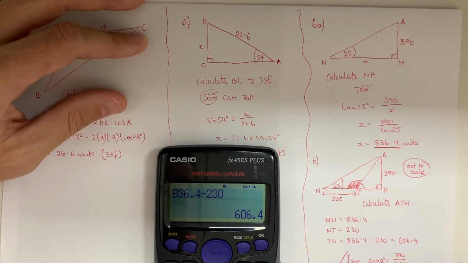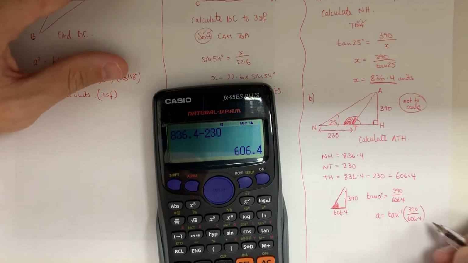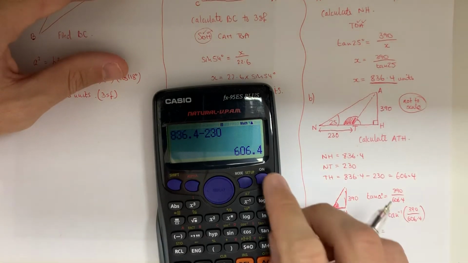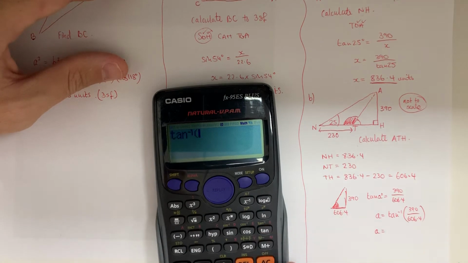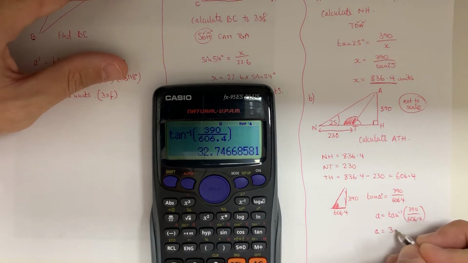So A is equal to, and this time I do inverse tan of 606.4. So you can see that a bit better there. So A is equal to inverse tan bracket 390 divided by 606.4. So that gives me 32.75 degrees.